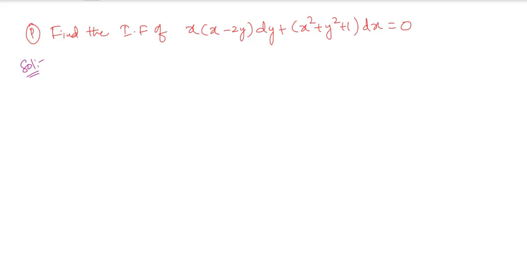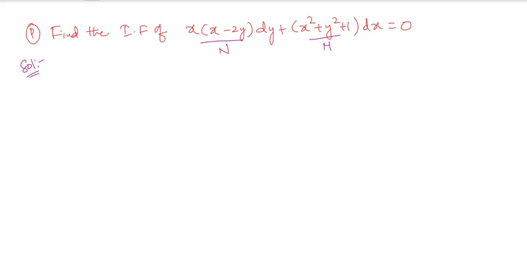Now don't take it blindly, don't always expect M dx plus N dy. See here they given y with dy, which is nothing but N, and this is nothing but M, right? Now which method is applicable here?